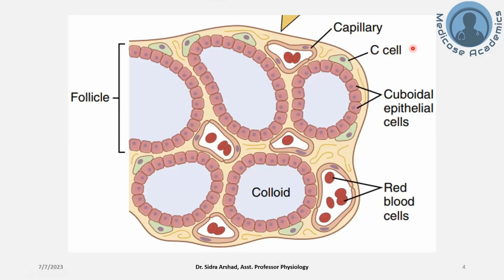These C cells produce another hormone which is known as calcitonin, which is involved in calcium homeostasis. So today we are going to focus on the thyroid hormones themselves. These follicular cells are cuboidal epithelial cells, and they are responsible for the synthesis of thyroid hormones.